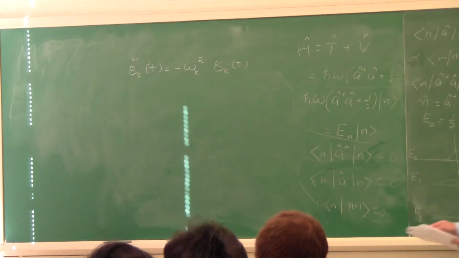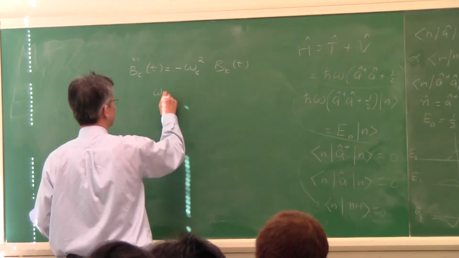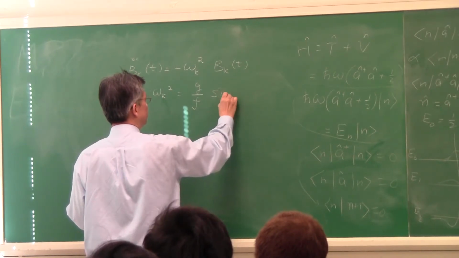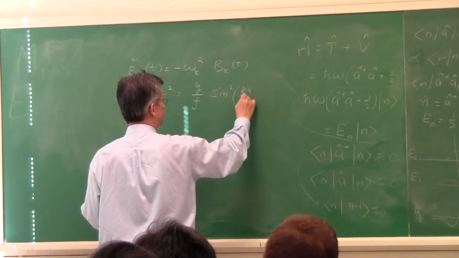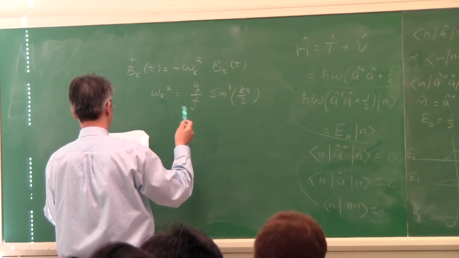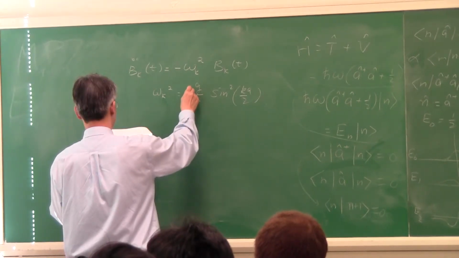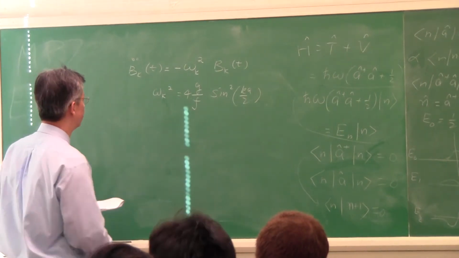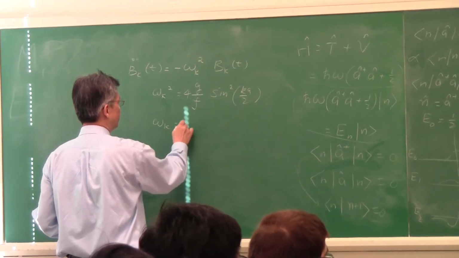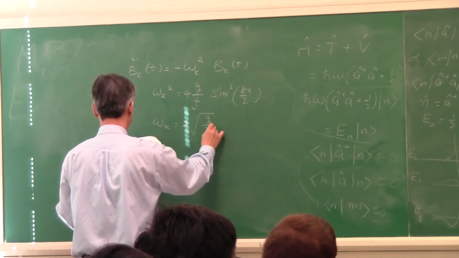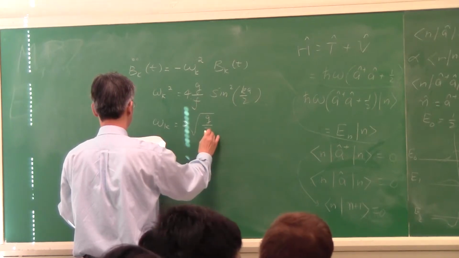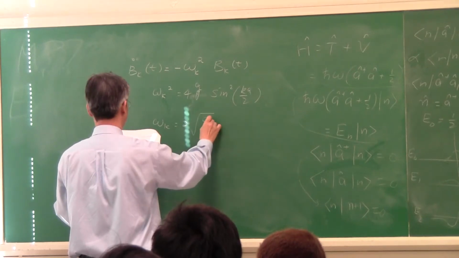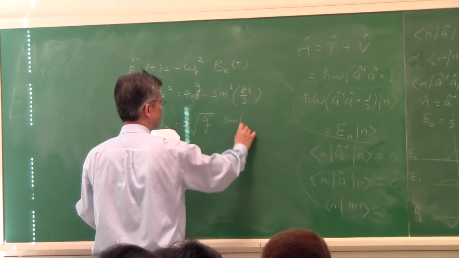So omega k squared is just g over f sine squared ka over 2, with the 4 in front. There's my omega k squared. After I consolidate them, omega k is just equal to 2 square root of g over f. No, g already has the f in it, so I don't need the f. So square root of g sine of ka over 2.